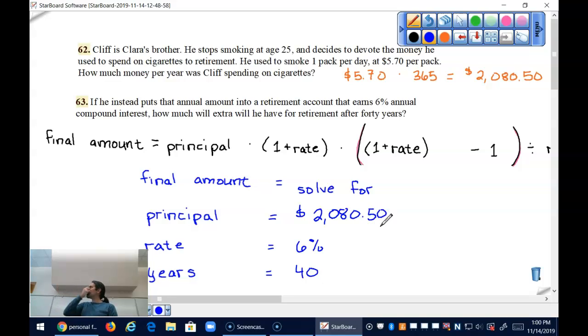Okay, everyone okay with my setup? Why 40 years? Because he's starting at 25 and we want him to retire at 65.